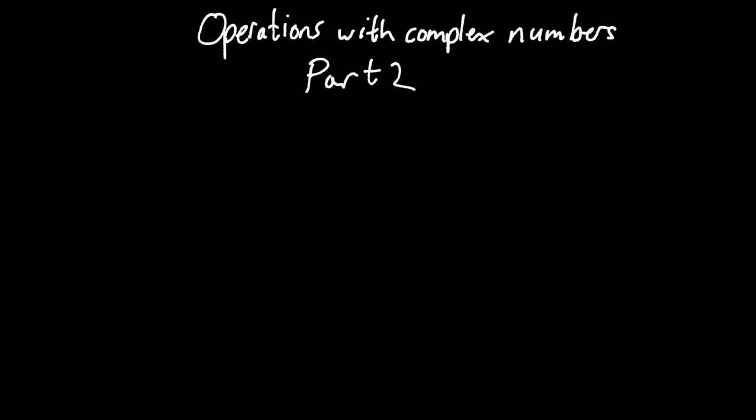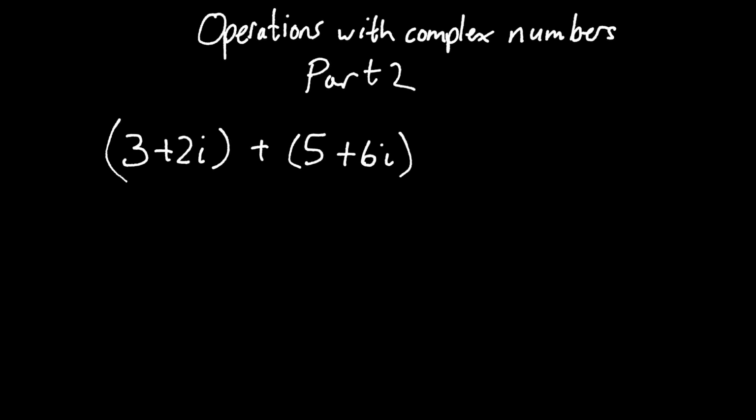When you are adding or subtracting complex numbers, let's say we have the complex number 3 plus 2i plus 5 plus 6i. All you need to remember is real plus or minus real, and imaginary plus or minus imaginary.